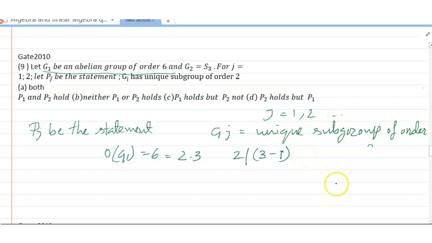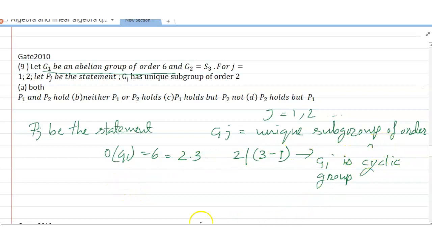Therefore, by the theorem, G1 is a cyclic group. G1 is a cyclic group, and G1 has a unique subgroup of order 2.